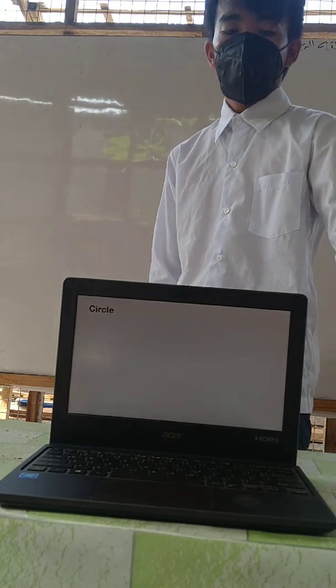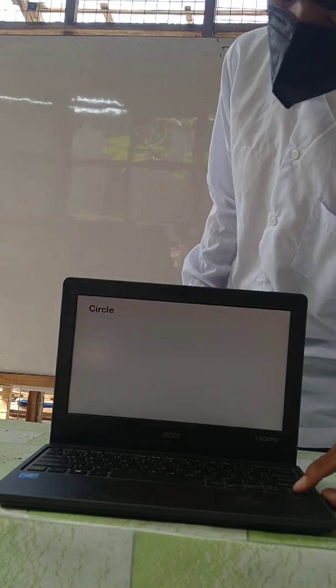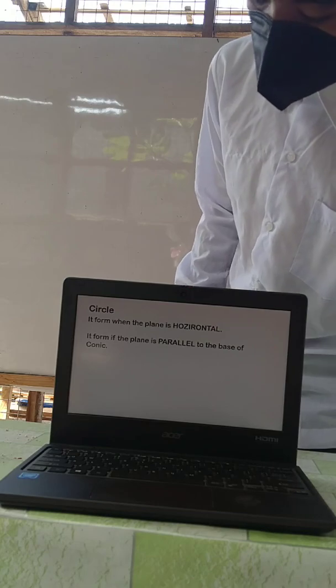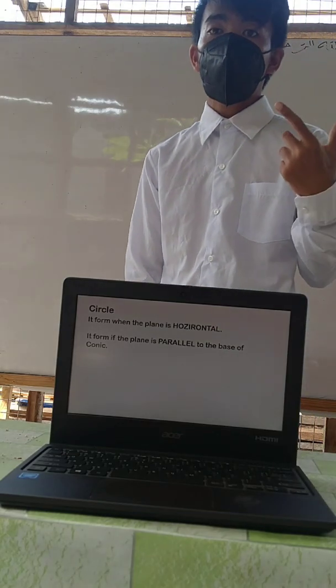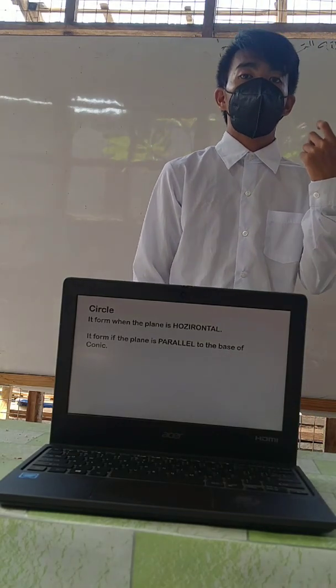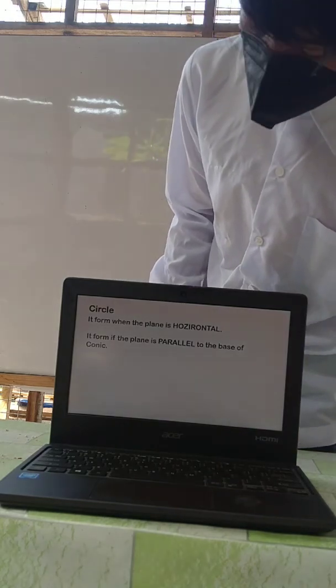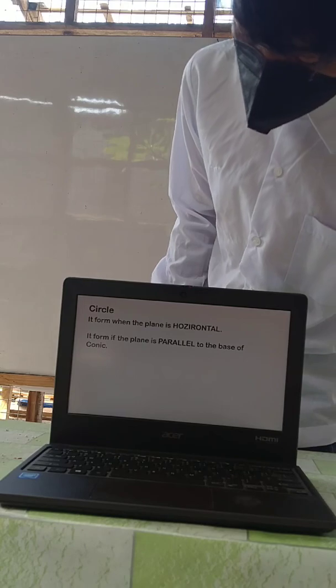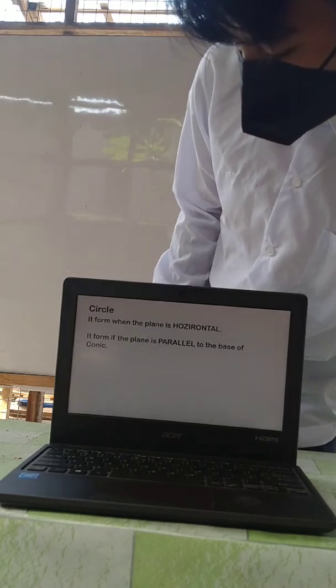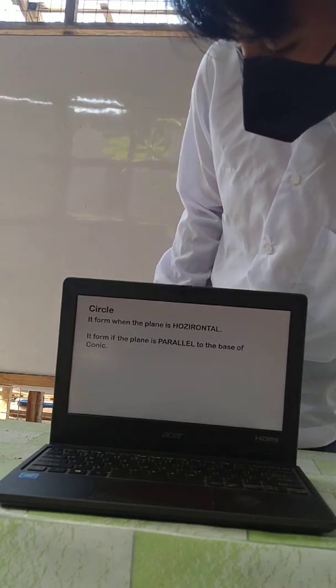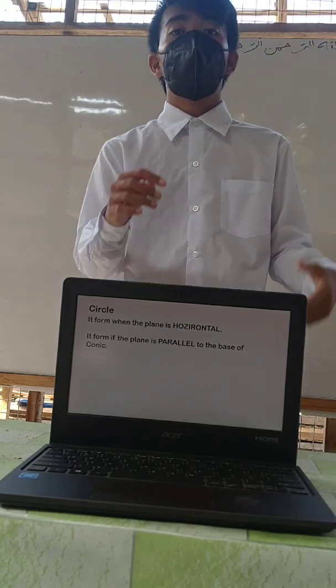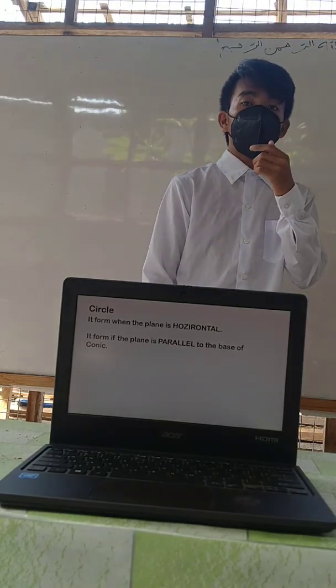Circle. The conic circle is formed when the plane is horizontal. It is formed when the plane is parallel to the base of the cone.